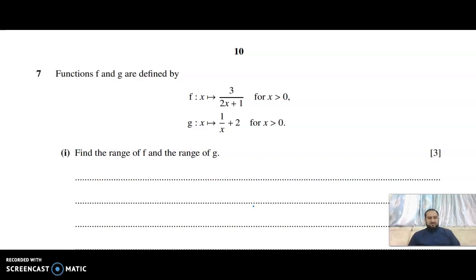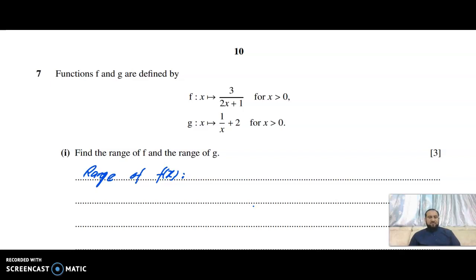So the meaning of this range of f of x will be, because here we can see there is a denominator, what are the x values we can put? It will be more than 0. Once we choose the value 1, let's say, this will be 3 over 3, so this will be 1.